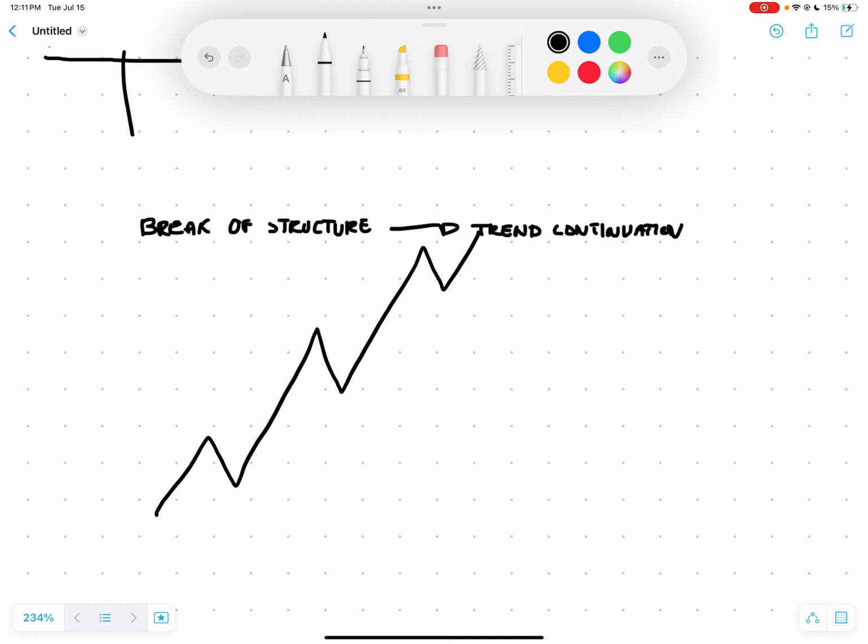A break of structure happens when a high is broken in order to create a higher high. So the break of structure in this case would be right here. Oftentimes you guys will see YouTubers write just BOS for break of structure. In this case, the high would be broken again to create another higher high, so this would be another break of structure. Simple as that. It just means that we have continuation in the trend, that we are still going up.